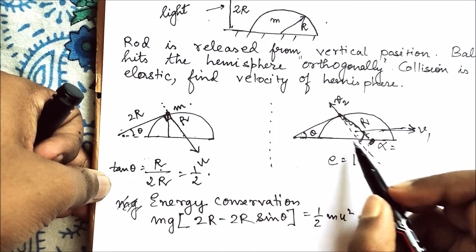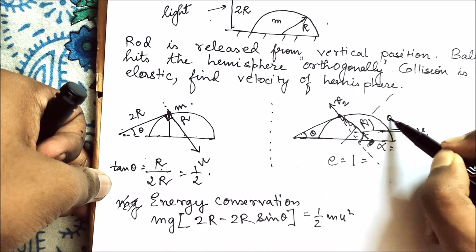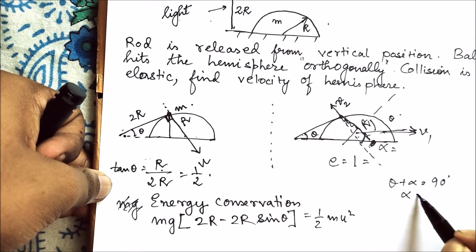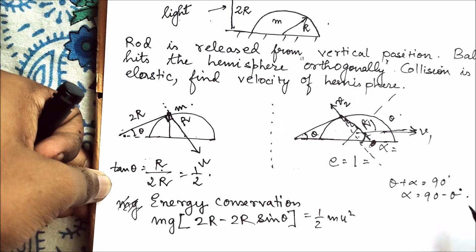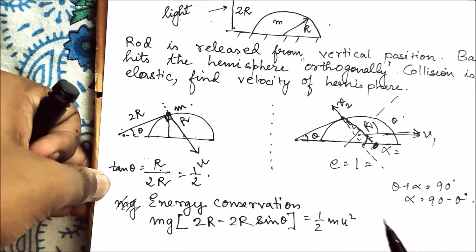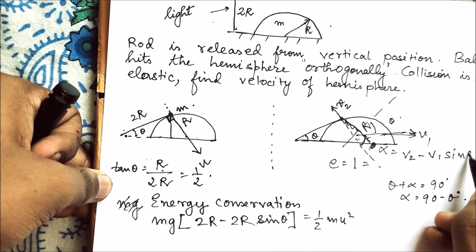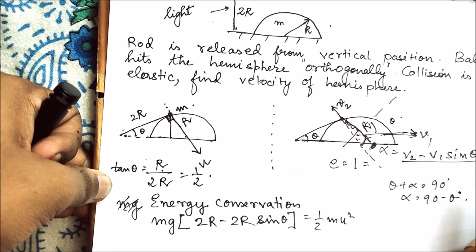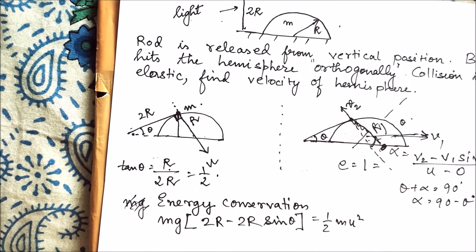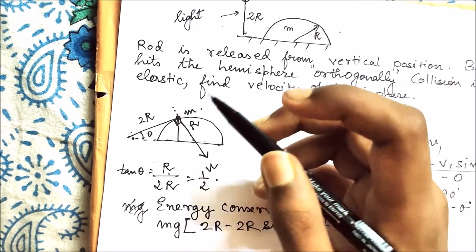Let us figure out what is alpha. This angle is theta, and theta plus alpha is 90, so alpha is equal to 90 minus theta. So along this direction, the velocity of separation is v2 minus v1 sine theta, and the velocity of approach is clearly u minus 0, because the sphere was initially at rest.